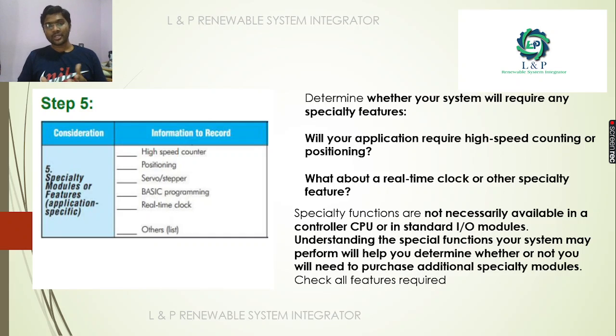And in certain occasions, for stepper applications and servo applications, we need separate controllers. So we need to make sure the module that you're going to choose has all the special features with regard to your applications.